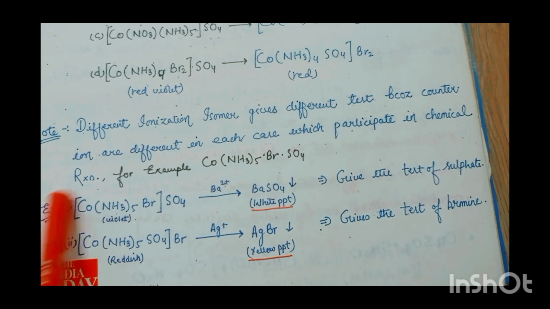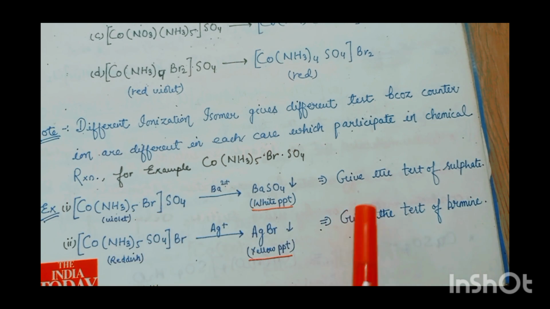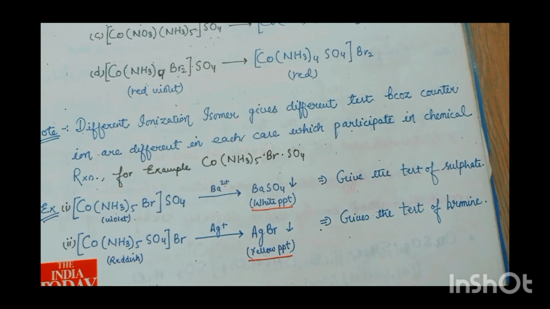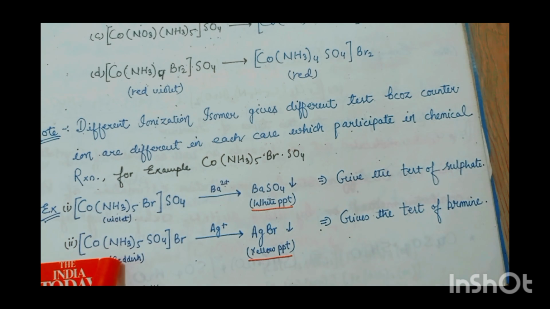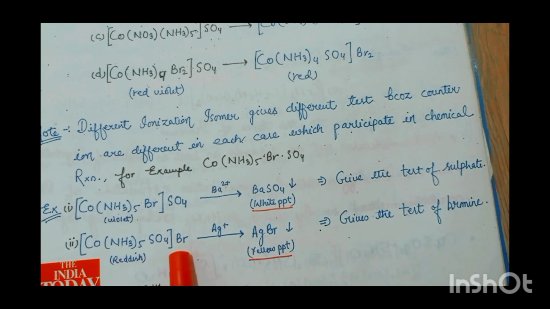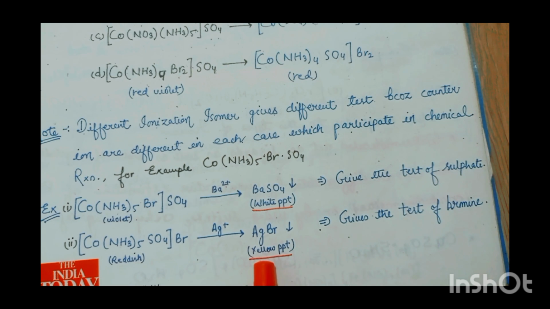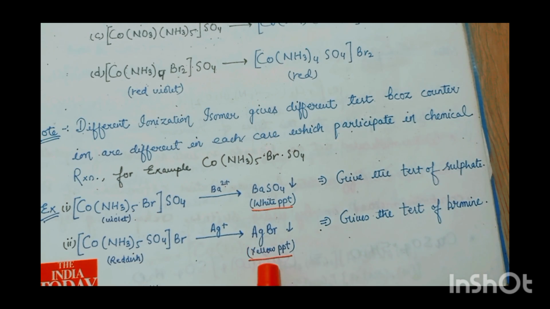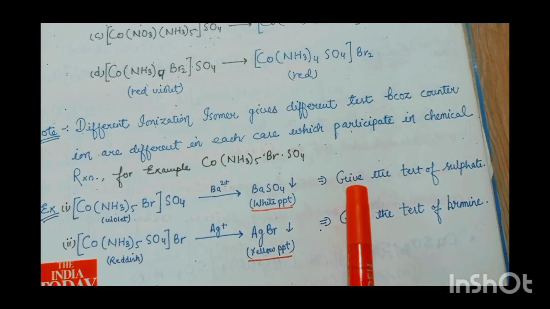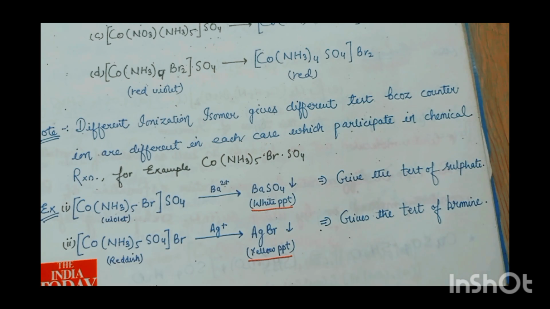It means this form of the isomer shows a white precipitate and gives the test of sulfate. But when we make the ionization isomer of this by taking sulfate inside and bromide outside, then it will give the test of bromide. Br reacts with Ag and forms a yellow precipitate, whereas before it was forming a white precipitate. So the same compound's isomers show two different tests: the first gives the test of sulfate, and the second gives the test of bromide.